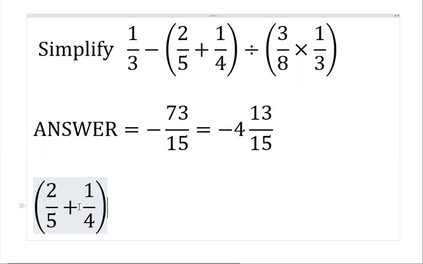Now, the next one is off, from BODMAS, off. So say, for example, in this operation, you have something of this nature: 2/5 of 1/4. In BODMAS, generally, off is still the same thing as multiplication. It's still the same thing as times.